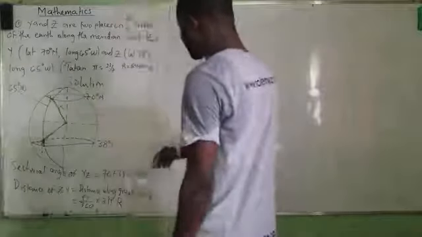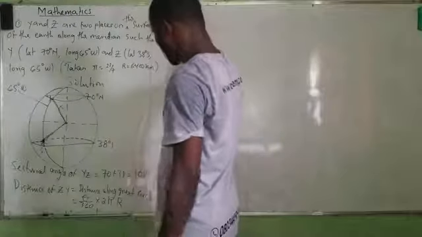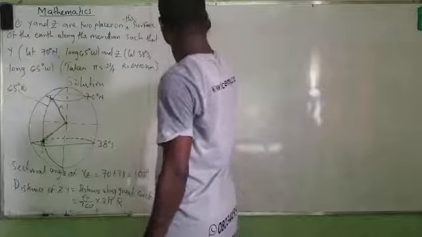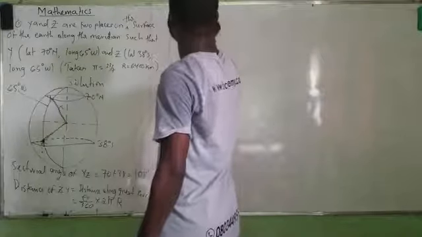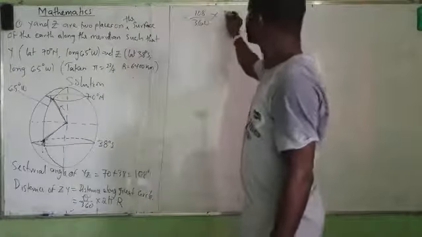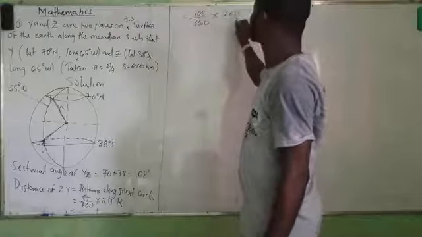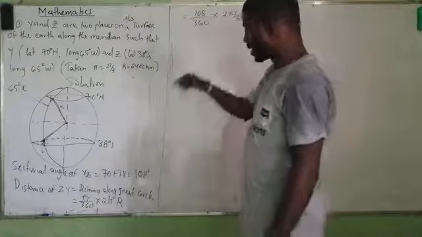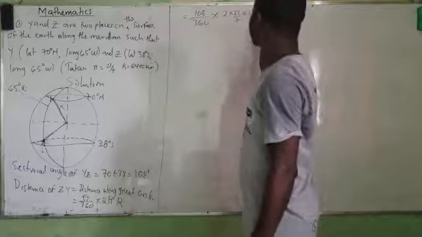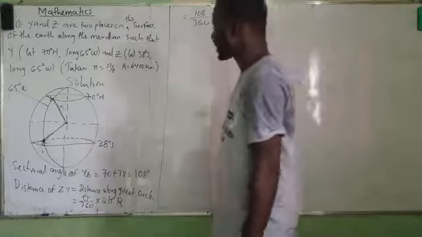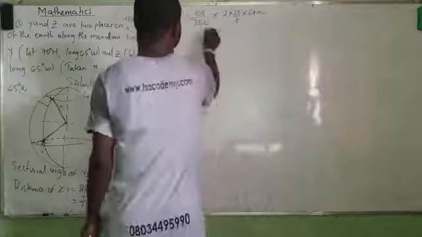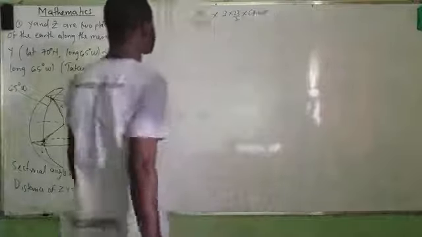Since I have that, what is my theta? My theta is 108. So I will have 108 divided by 360 multiplied by 2 multiplied by 22 over 7 multiplied by R. R is 6,400, which I can now start cutting. At this point, I need to use my calculator anyway. That is not a problem.